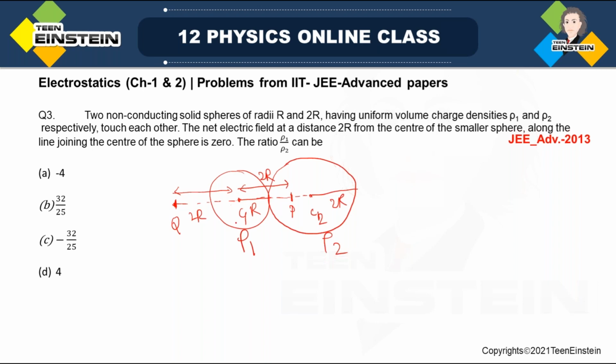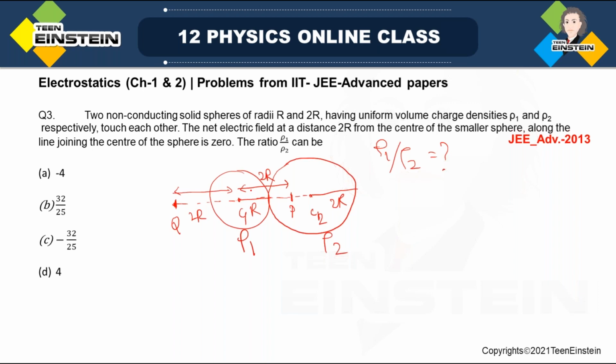Now from the center of this smaller sphere, if I go along the line joining the centers of these two spheres, then 2r distance away from the center C1, the electric field becomes 0. Then what is the ratio of rho 1 by rho 2? So that is the question.